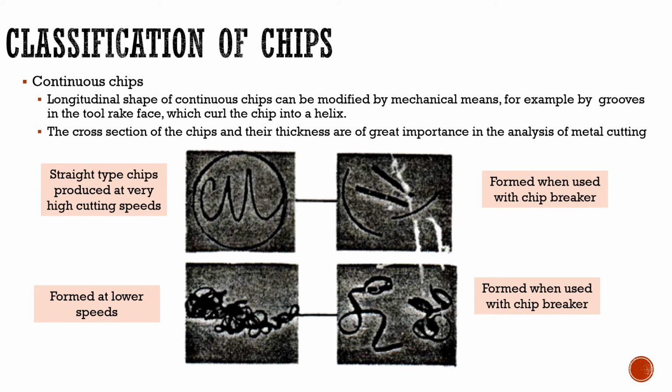or produced at very high cutting speeds. The chips formed on your right side are produced when we use the chip breaker. At relatively lower speeds, type 2 chips are produced, which is at the bottom left corner. And at the bottom right corner of this slide is a chip that is formed when chip breakers are used.